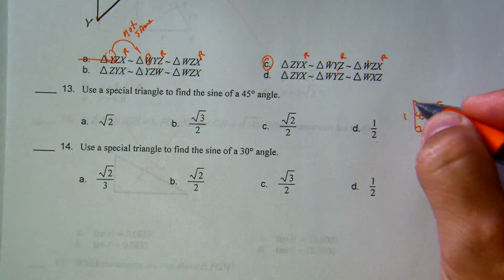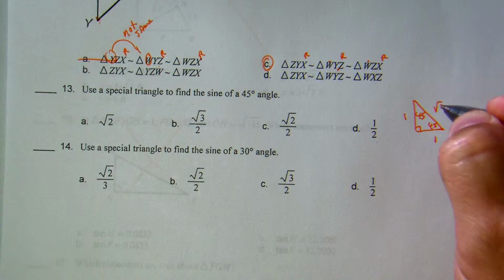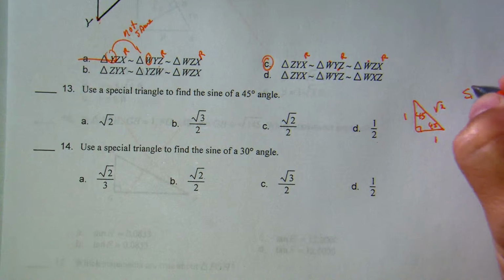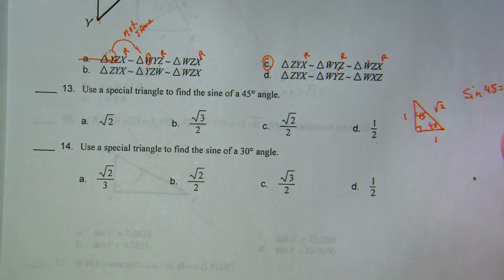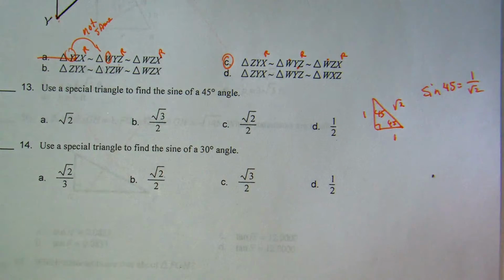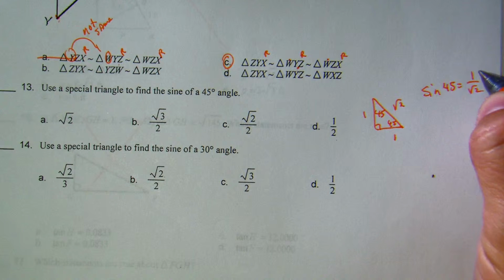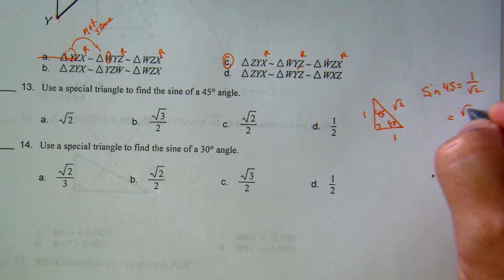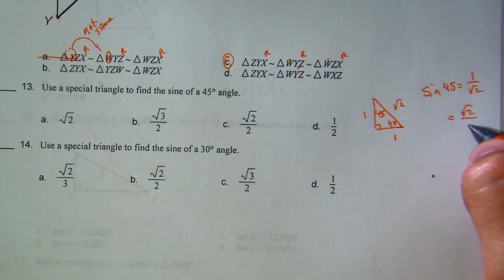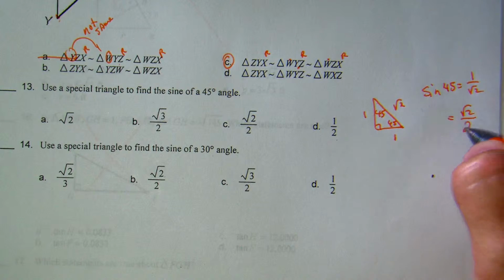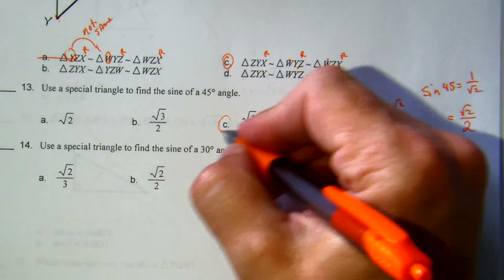So if I took sine of either one of these, it's opposite over the hypotenuse, right? Sine of 45 is opposite over hypotenuse. Now, we don't like the radical in the bottom, so we multiply the top times the square root of 2 and the bottom times the square root of 2. So that's the square root of 2 on top, and the square root of 2 times the square root of 2 on the bottom is 2. So that would be C.